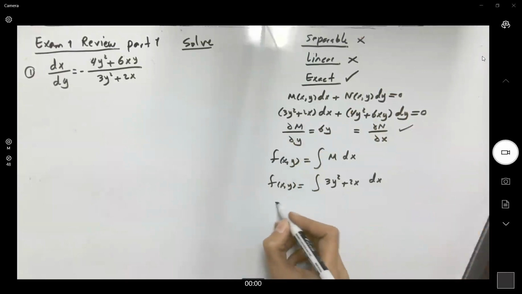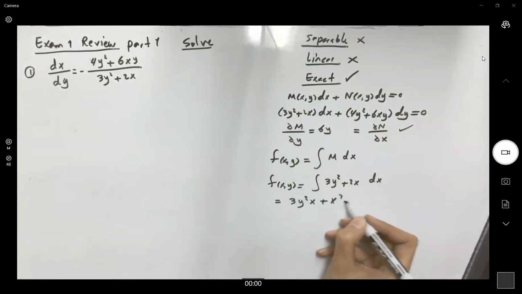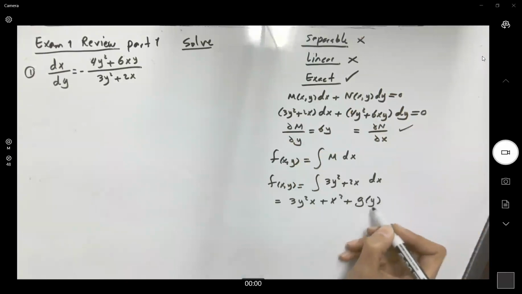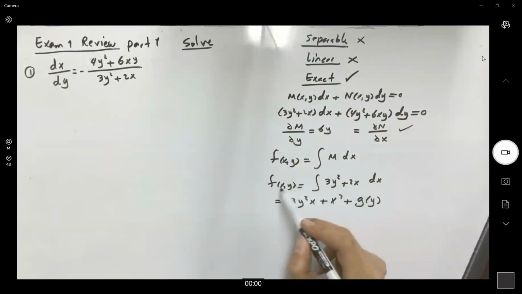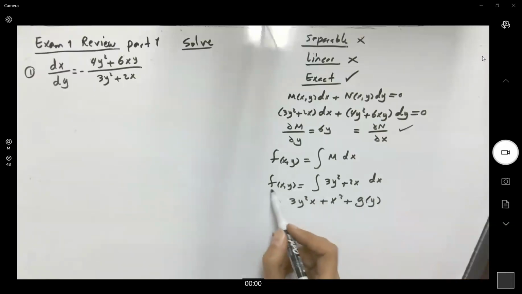This becomes 3y squared x plus x squared plus a constant of integration, which is not just c. It must be a function of y because you have a function in 2 variables. Then you take the derivative with respect to x. This acts like a constant. It becomes 0.